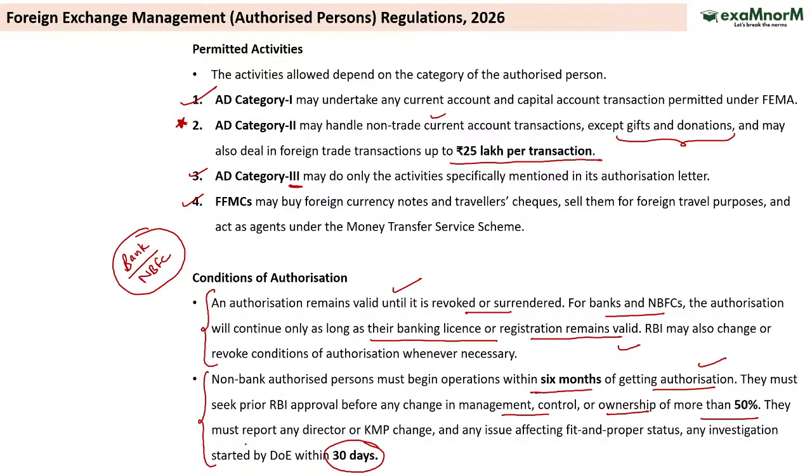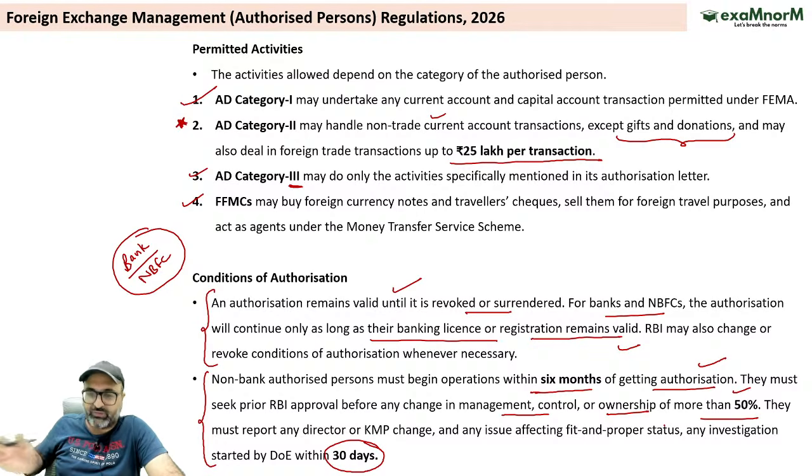If you are a non-bank authorized person, then you should start your operation within 6 months. जैसे आज आपकी एप्लीकेशन एक्सेप्ट हुई, you should start the operation within the next 6 months. If you are making any change in your management, control or ownership of more than 50%, you should take prior approval from RBI.